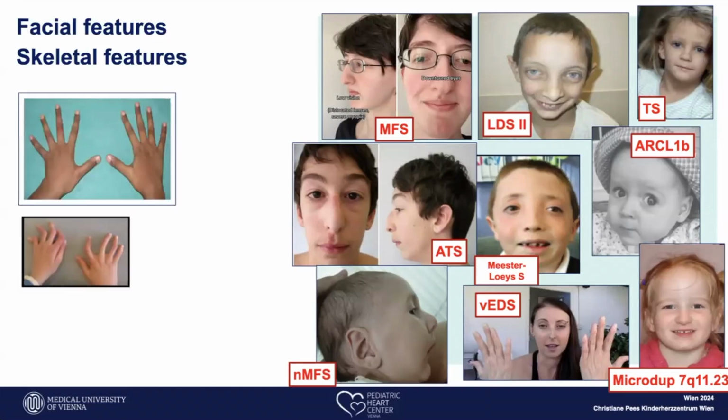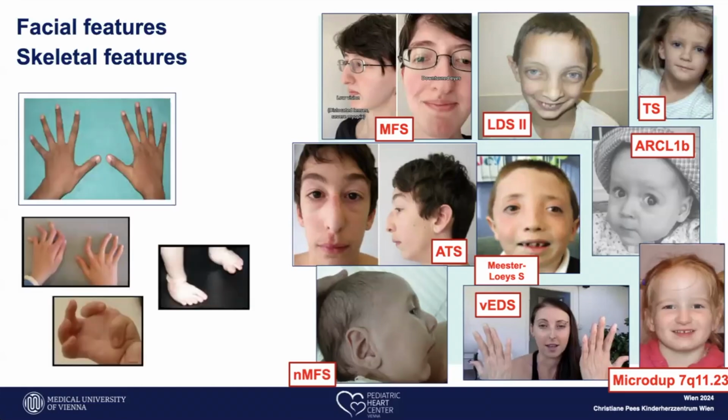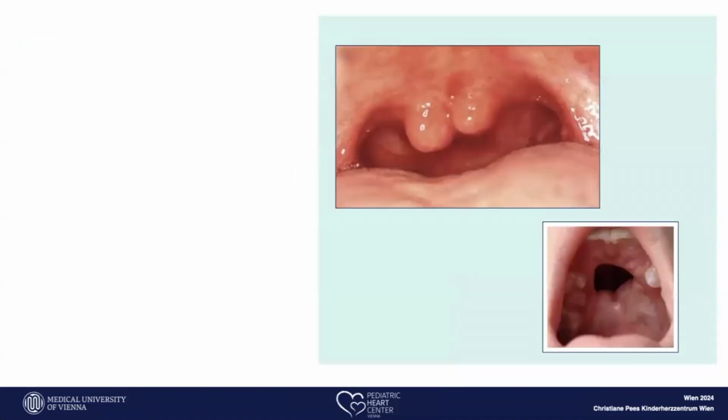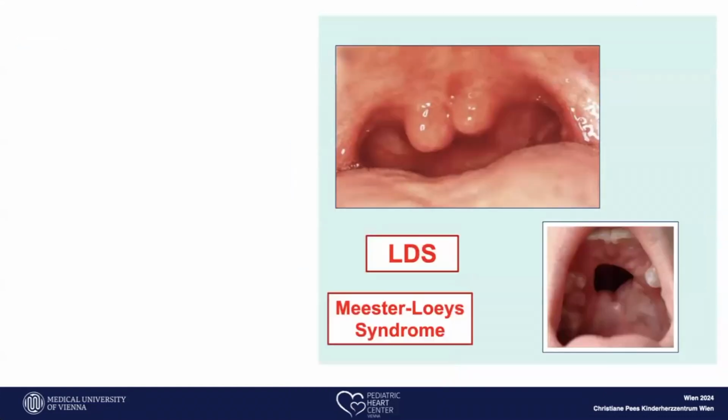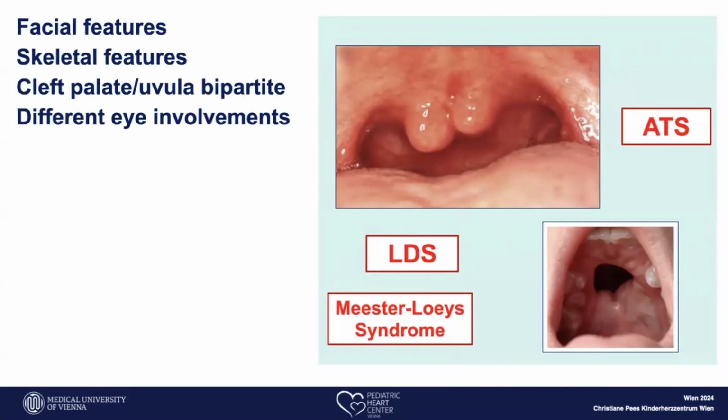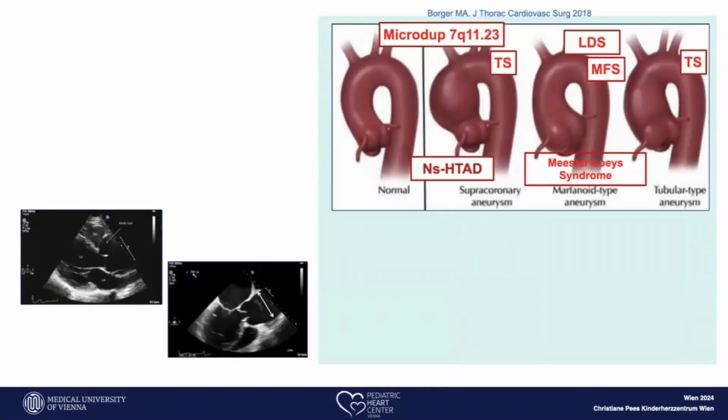I talked about the skeletal features. We have the long fingers in Marfan syndrome, but we can have other problems with crumpled feet and fingers in Loeys-Dietz syndrome. We have the split uvula, but not only in Loeys-Dietz, but as well in Mees-Loeys syndrome and arterial tortuosity syndrome. And I talked about the different eye involvements in these two different diseases.